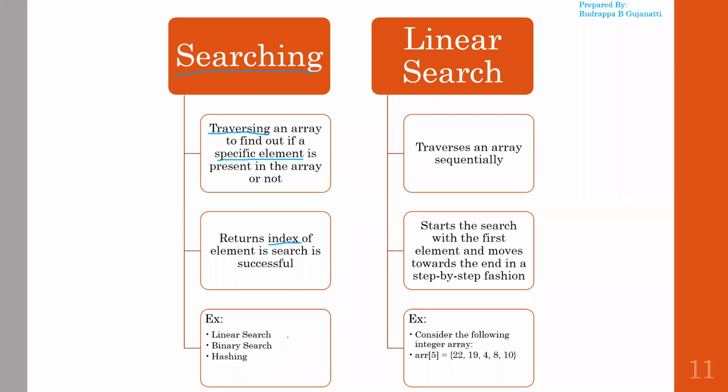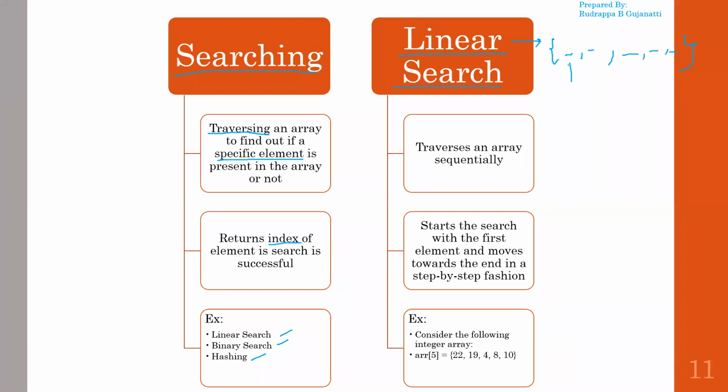A few examples of searching techniques are linear search, binary search, and hashing. These are a few methods by which we can search for specific elements within an array. In this session, we'll be discussing one simple method, that is the linear search. The name itself tells that the search goes ahead in a linear fashion. Linear implies that you traverse through the elements one by one in a sequential form.